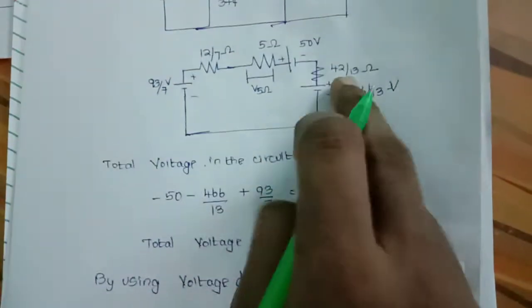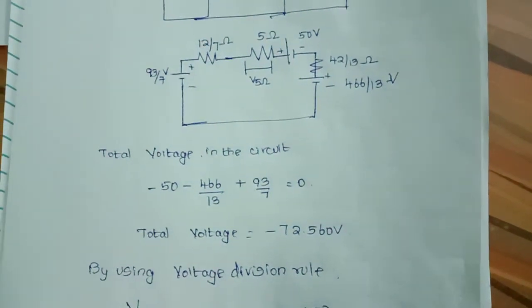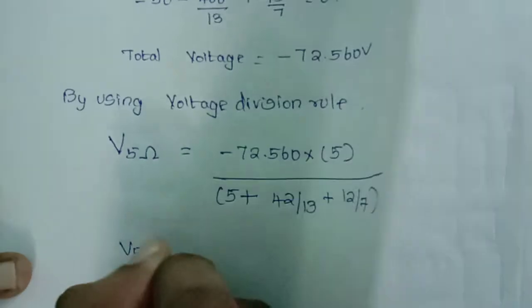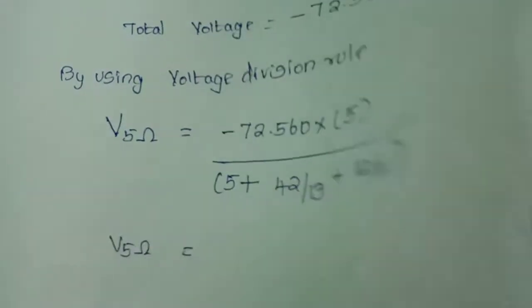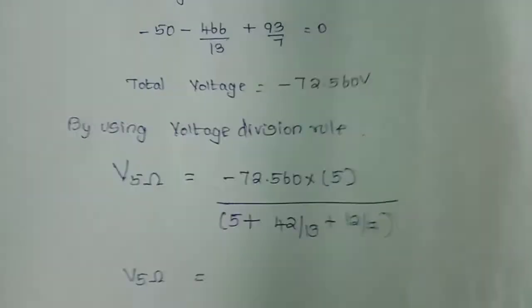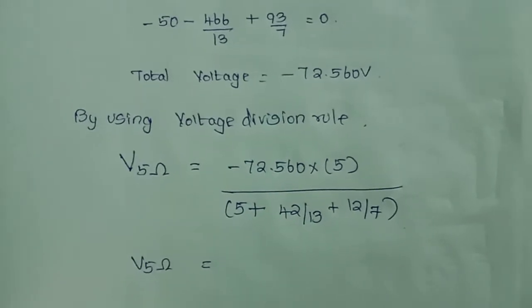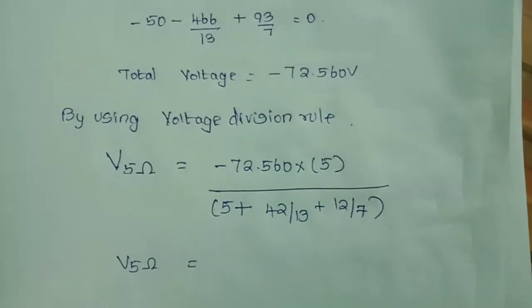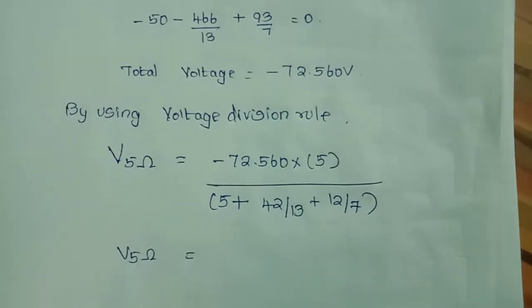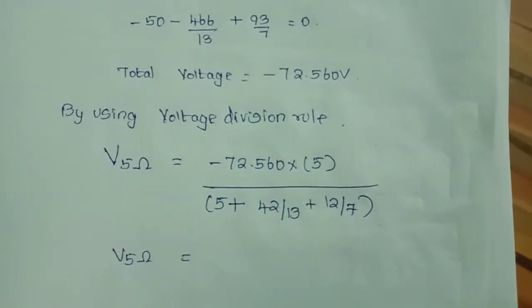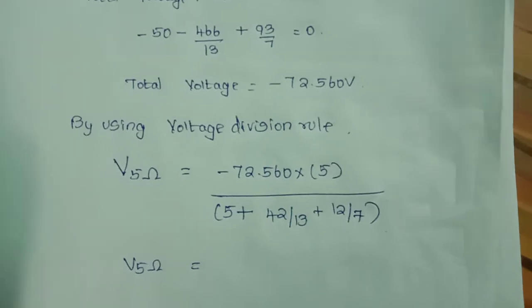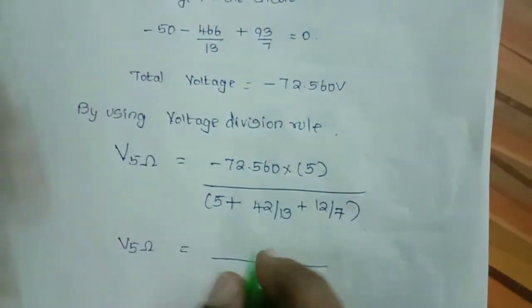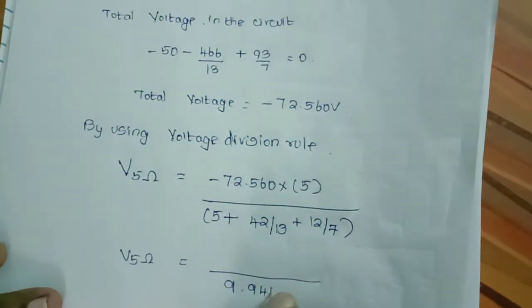Total resistance is 5 plus 42 divided by 13 plus 12 divided by 7. If you are simplifying this, you will get the resistance as 9.945.